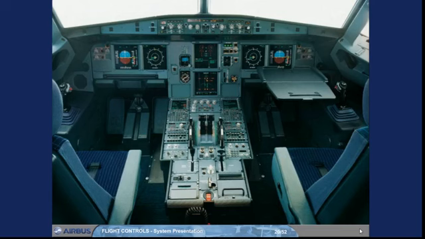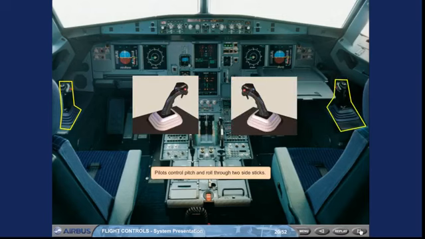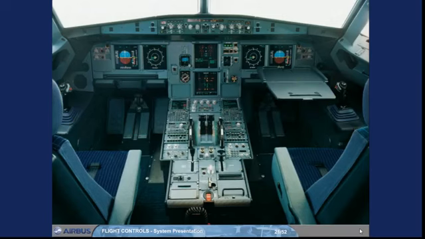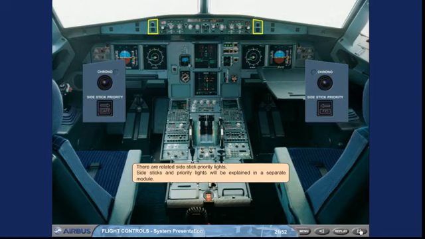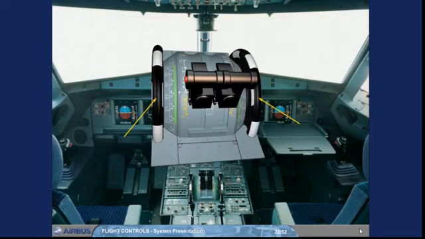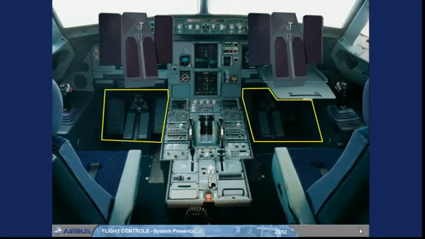Pilots control pitch and roll through two side sticks. There are related side stick priority lights. Side sticks and priority lights will be explained in a separate module. Pitch trim wheels are located on the center pedestal. There are two sets of conventional and mechanically interconnected rudder pedals.